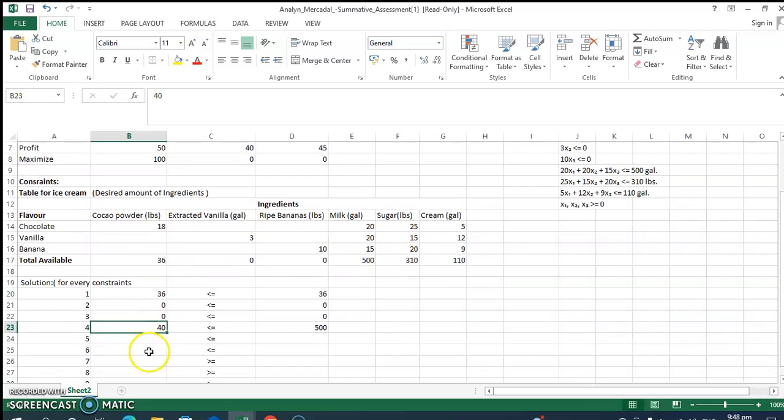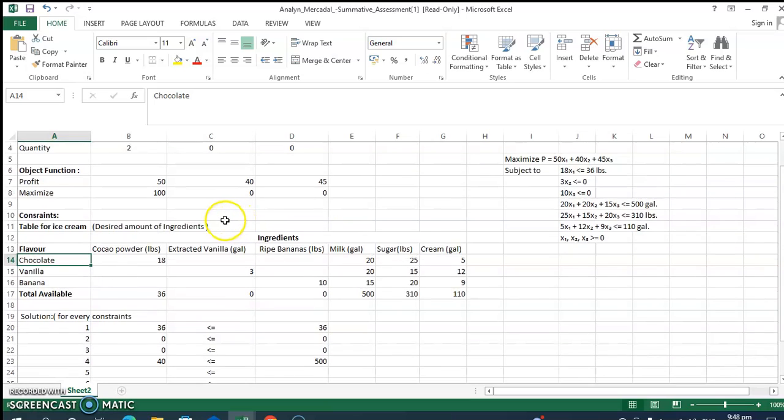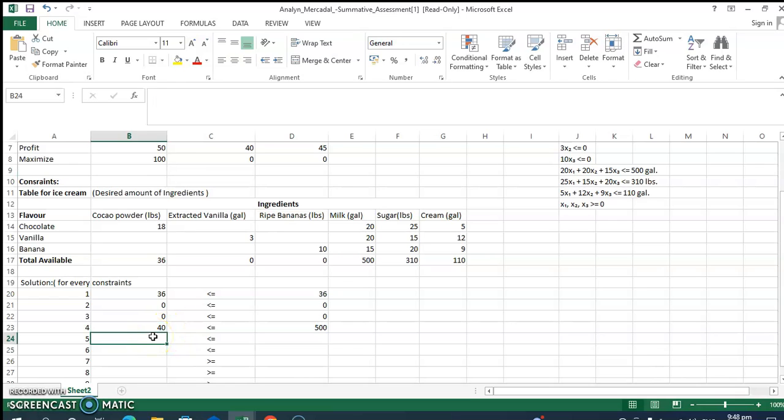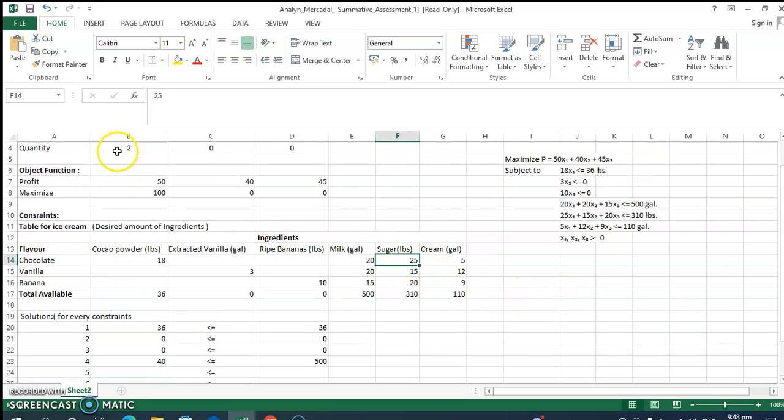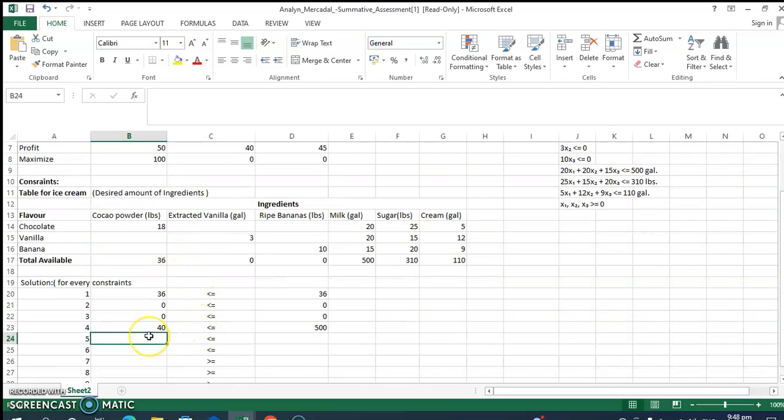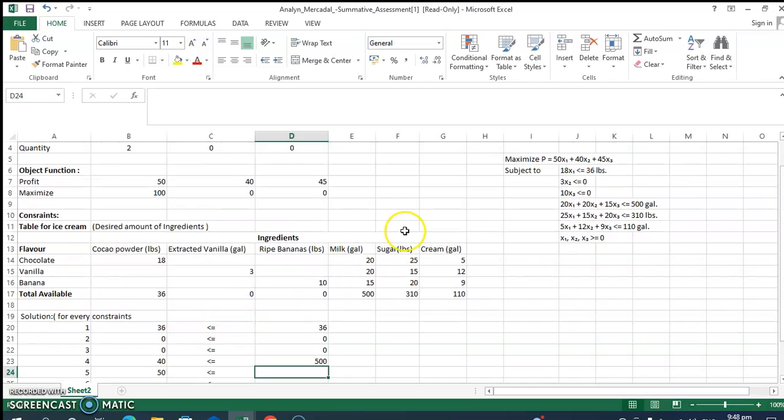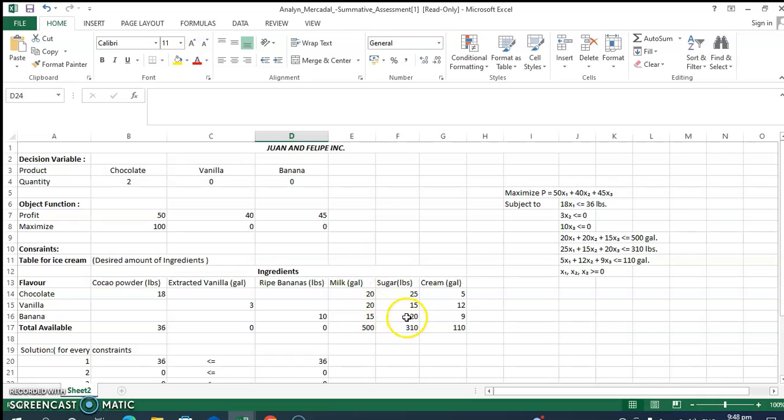Next is for sugar. So for chocolate, 25 times x sub 1, where the value of x sub 1 is 2 again. So 25 times x sub 1 is equal to 50. 25 times 2 is equal to 50. It's only 50 because our vanilla and banana have no stock.